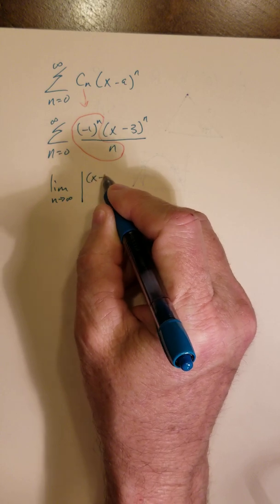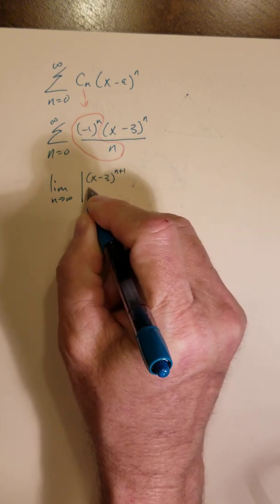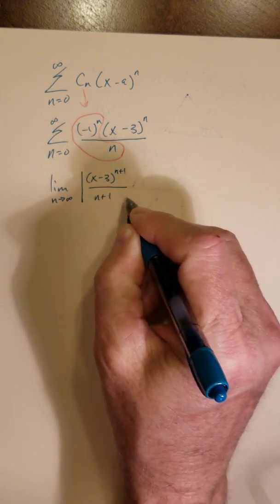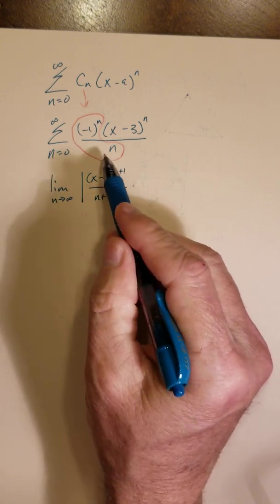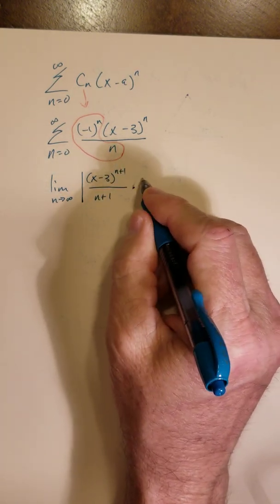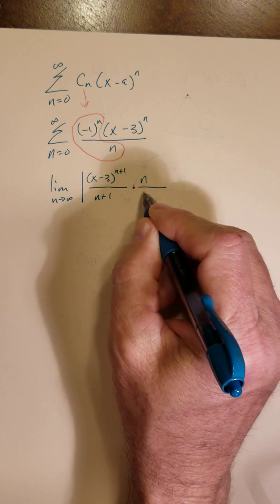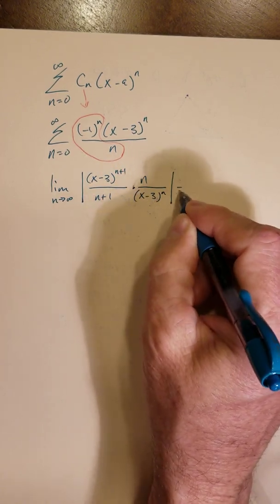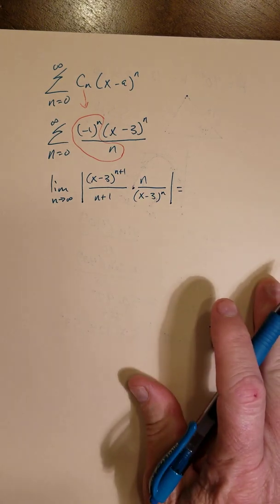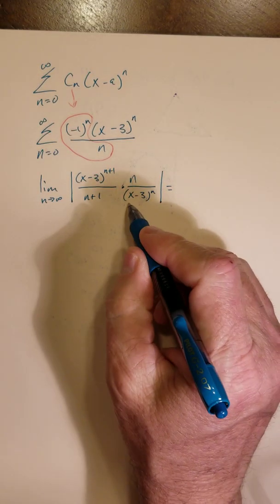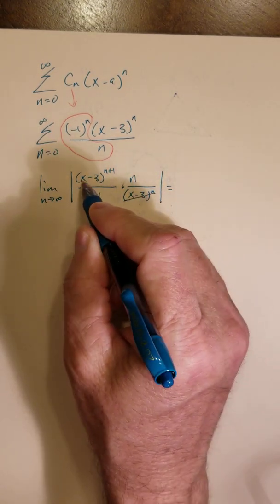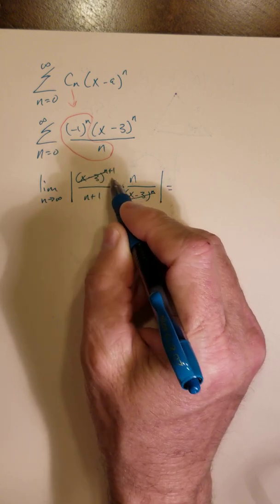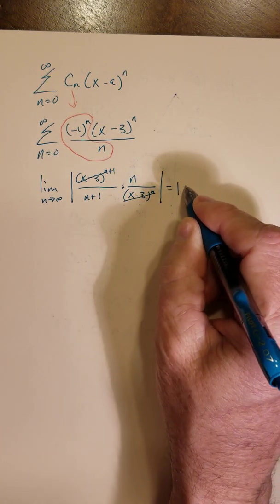We have (x minus 3)^(n+1) over n plus 1. Now on the denominator I'm going to go ahead and flip it and multiply, so we'll have n over (x minus 3)^n, which will equal, now this (x minus 3)^n will cancel with that one, and I'll be left with one x minus 3.